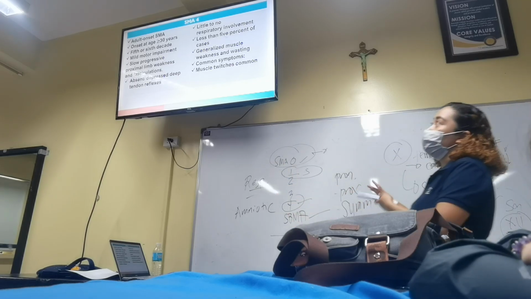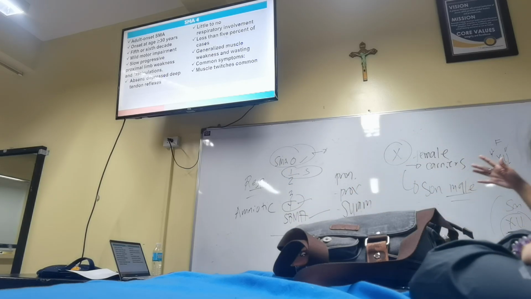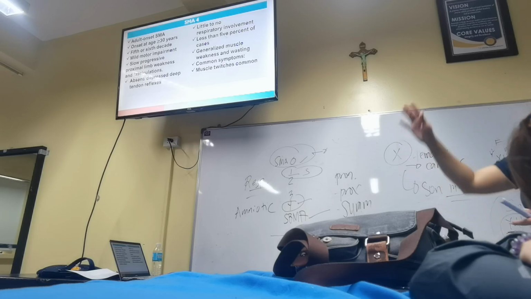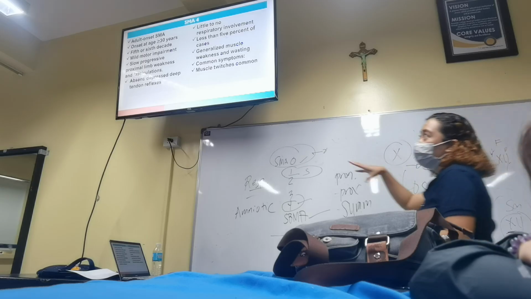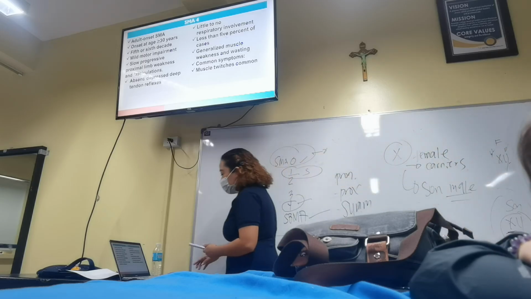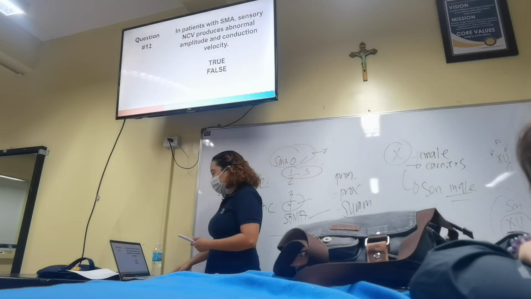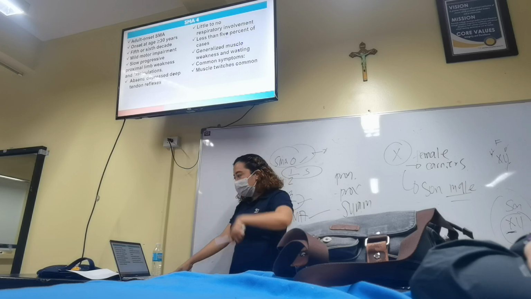Do they have a respiratory problem? Not really. They will have generalized muscle weakness and wasting. The common finding is fasciculation, which means the muscle twitches. Okay? So they can see fasciculation or muscle twitching. Okay. With that, another one.